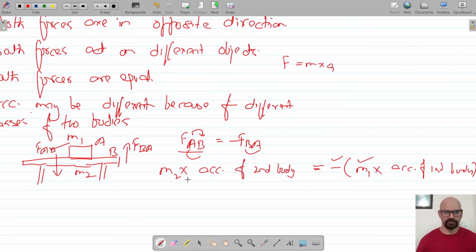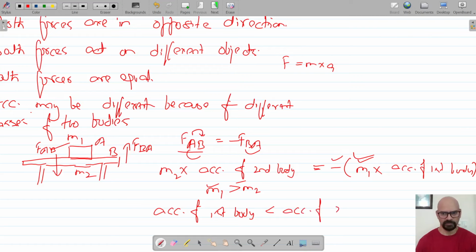In this case, if the mass of the first body, m1, is greater than m2, then the acceleration of the first body will obviously be less than the acceleration of the second body.